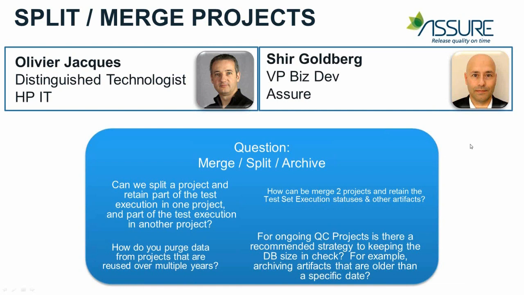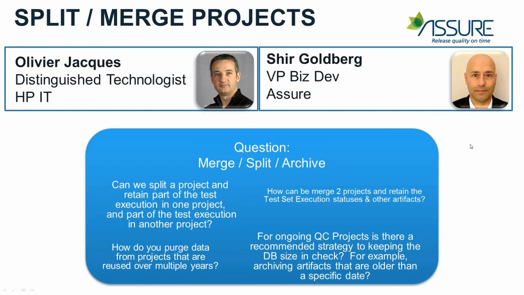That's also an interesting thing: the whole area of how to split or merge projects. This applies if you have a current topology and want to move to a different one. For example, you have one large project you want to break down into pieces, or you have an ongoing project but you want to archive parts of the execution once in a while to keep the size under control.